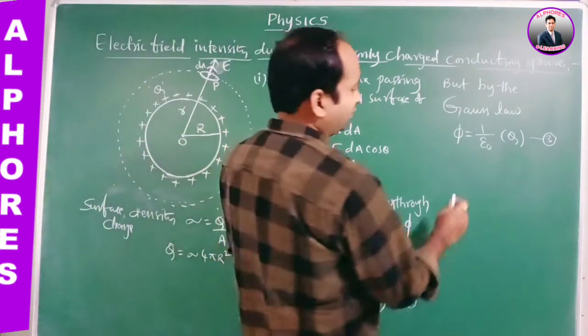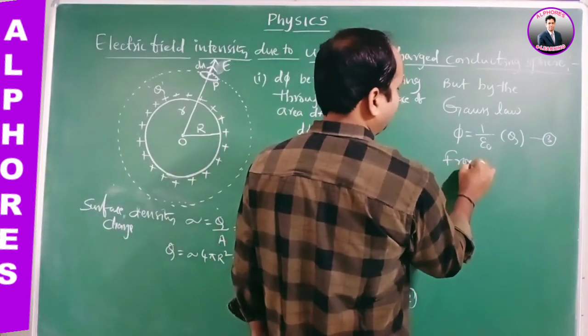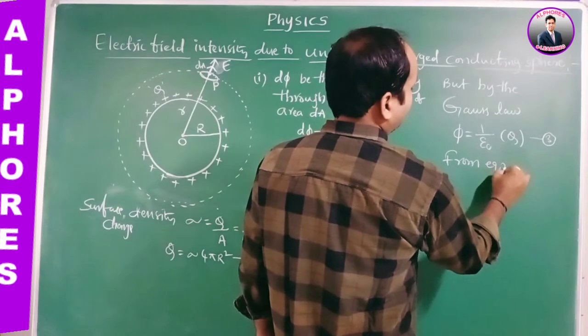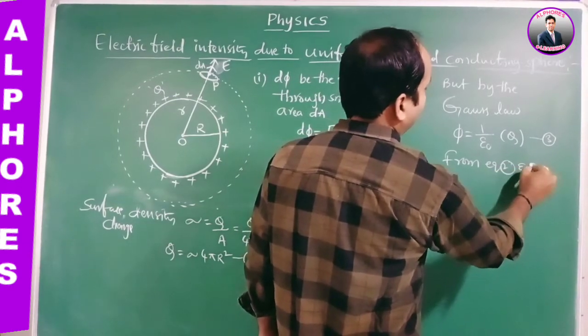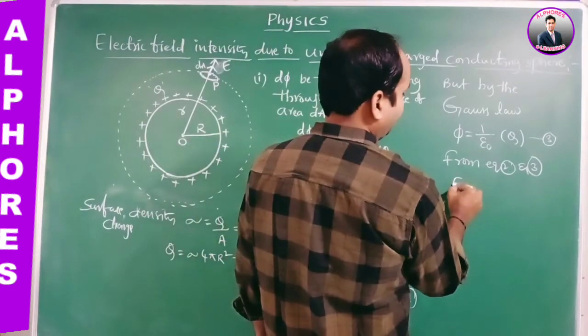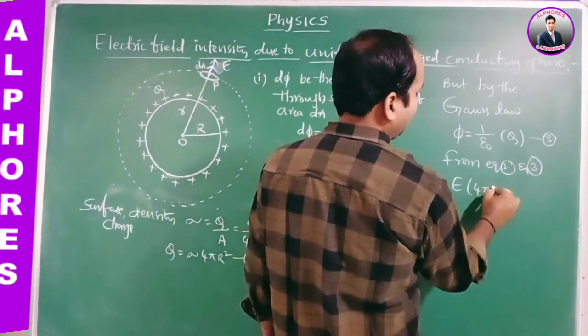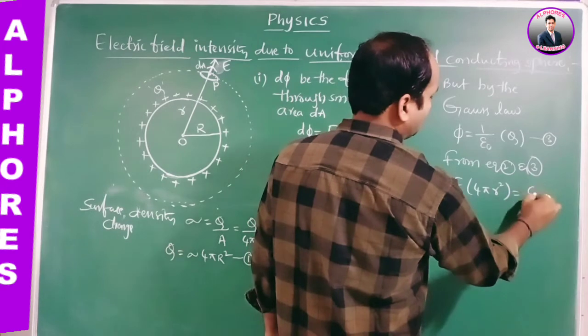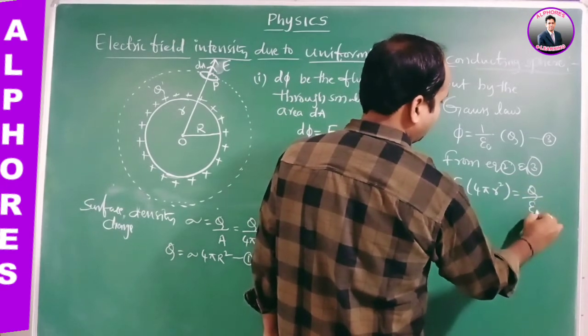So from equation number 2 and 3, what is E into 4 pi r square? E 4 pi r square is equal to Q by epsilon naught.